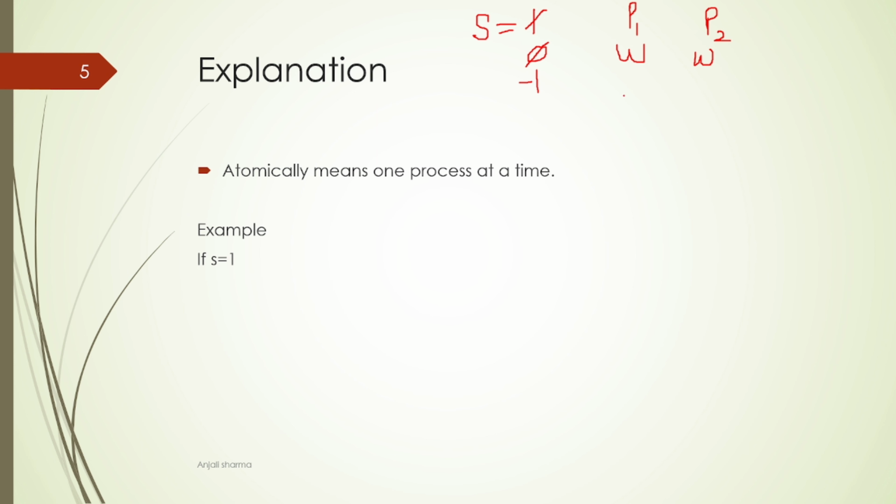Now meanwhile this process is executing and this process is also executing. After exiting its critical section, this process should signal the semaphore. This was the decrement operation and this is the increment operation, so it should now increment the value of the semaphore. After incrementing, the value becomes 0.